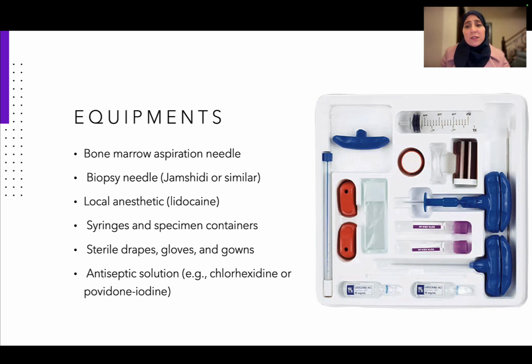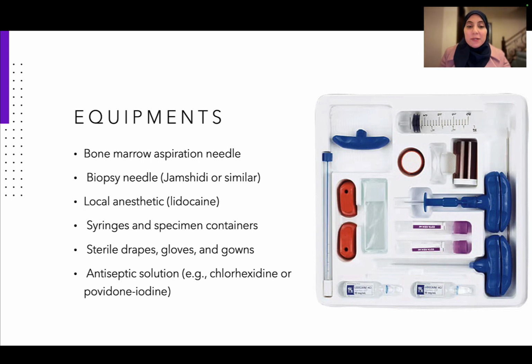So sometimes in our hospital we have a ready bone marrow kit, but most of the time we don't. So what we need to collect is a bone marrow aspiration needle, a biopsy needle. Usually we have it in one kit. Local anesthesia, lidocaine, for example, 1 or 2% depending on the physician preference.